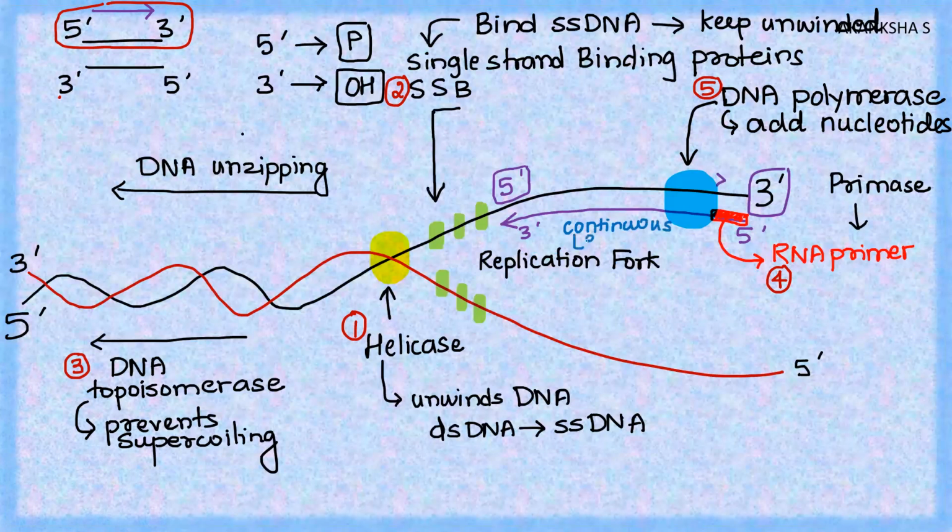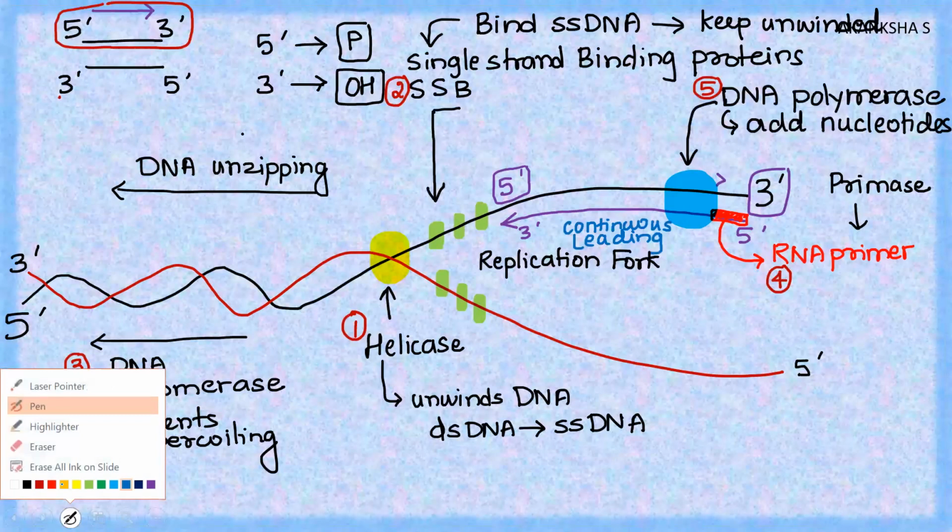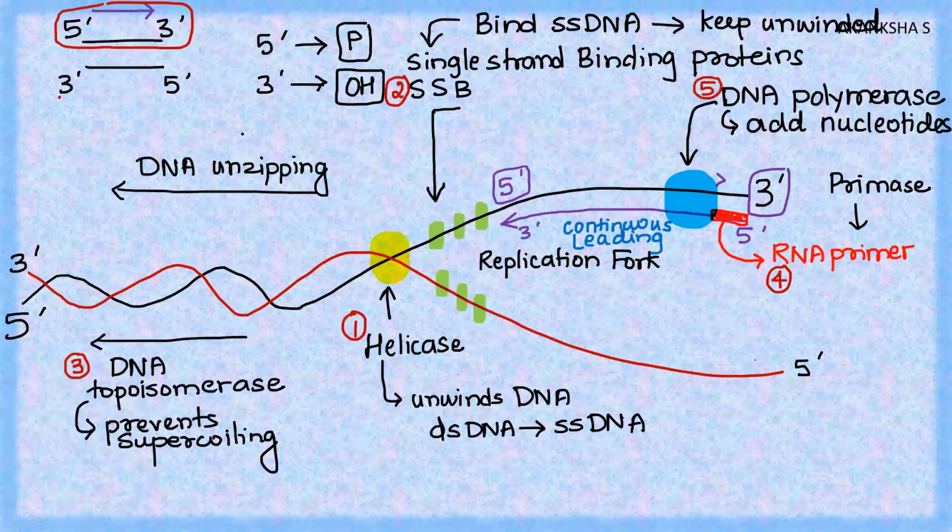Because you look on the opposite side. What is happening there? This is 5', correct? So if I have to form a DNA going like this, how will that DNA be constructed? This DNA would be of the orientation 3' to 5'.